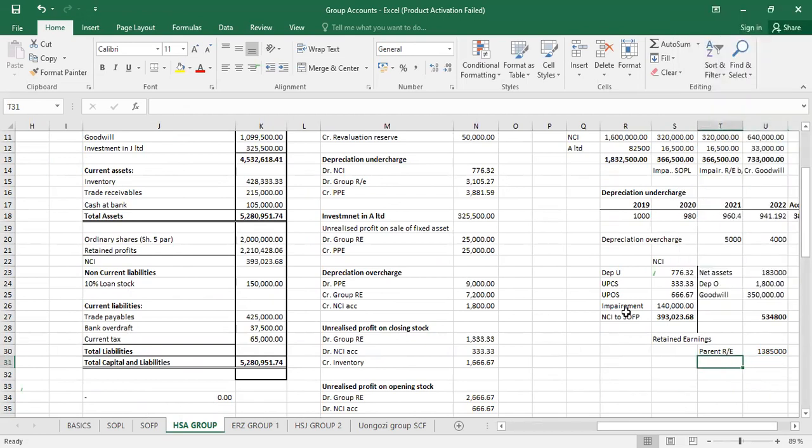Then we talk of the subsidiary post-acquisition retained earnings.